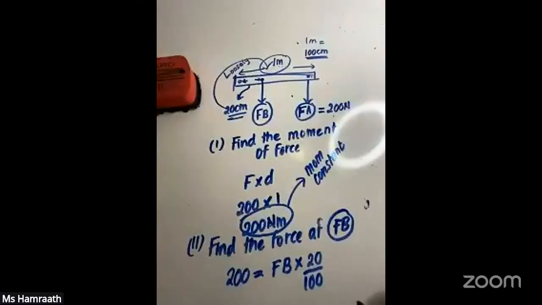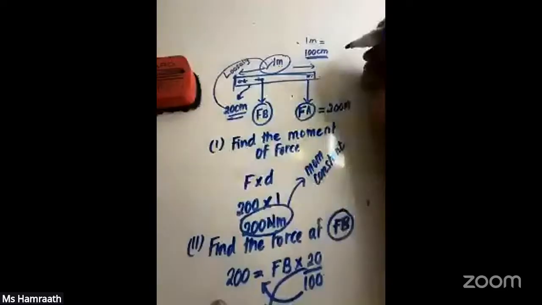Instead of directly dividing, take all of them to the other side. The one who is in the multiplication will come as division, and the one who is in the division will come as multiplication. Let me write down the equation on top so that you can see.